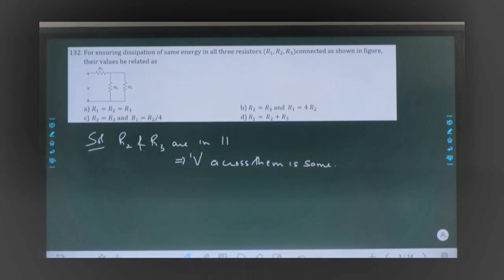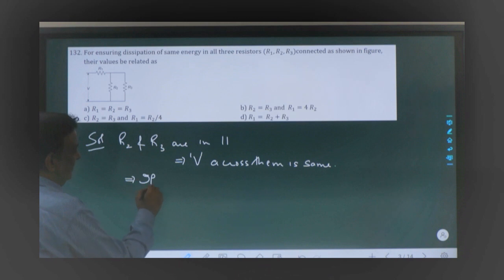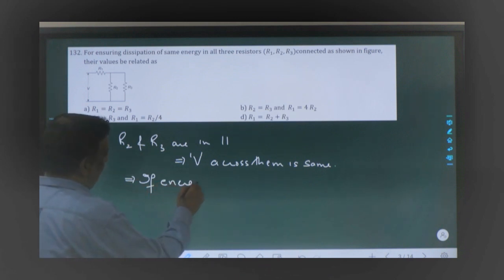I mean, the energy dissipated is same across all three. Energy dissipated is same across all three. That is only possible if R2 and R3 are equal. If energy dissipated is same, R2 and R3 must be same.